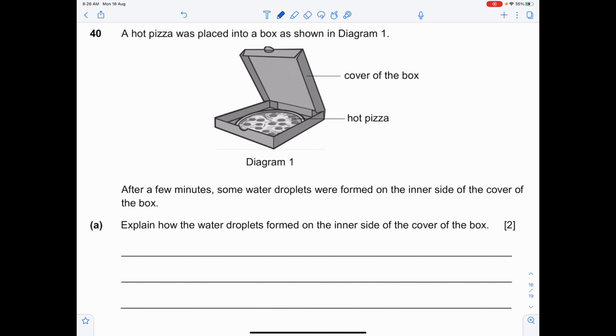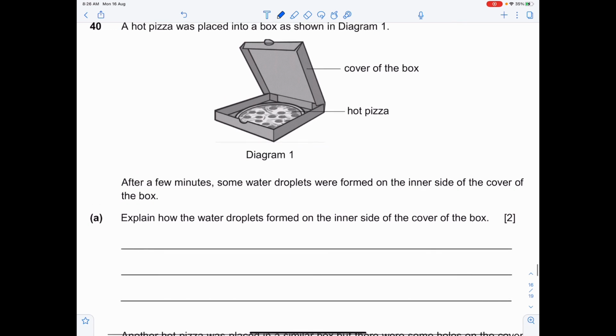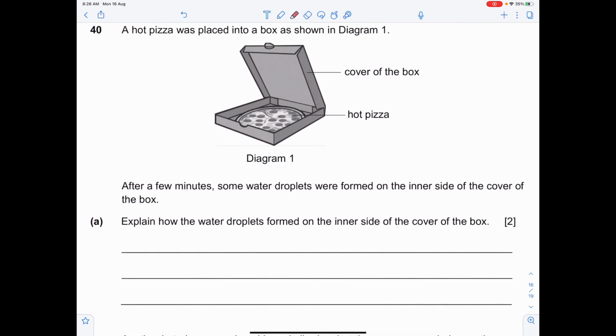In order to do that, let's talk about some questions first. So a hot pizza was placed in the box as shown. After a few minutes, some water droplets will form on the inner side of the cover of the box. So right off the top, if there is a water droplet, then what must have happened?